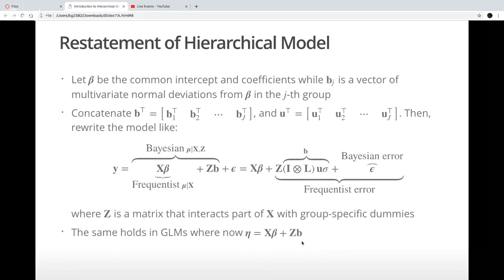In that example there were no real coefficients. It was just a bunch of intercepts, but the same sort of thing applies.